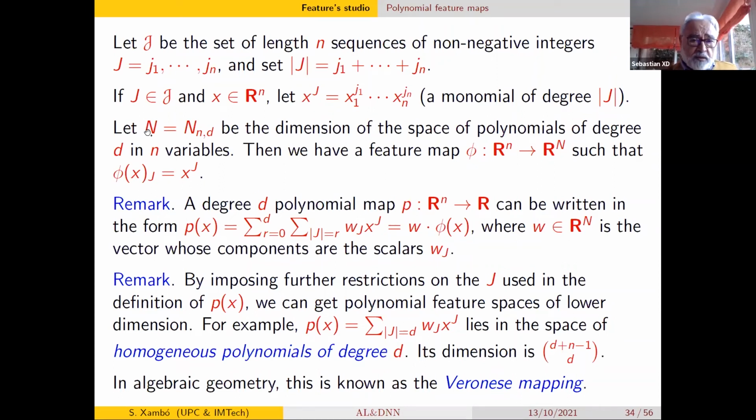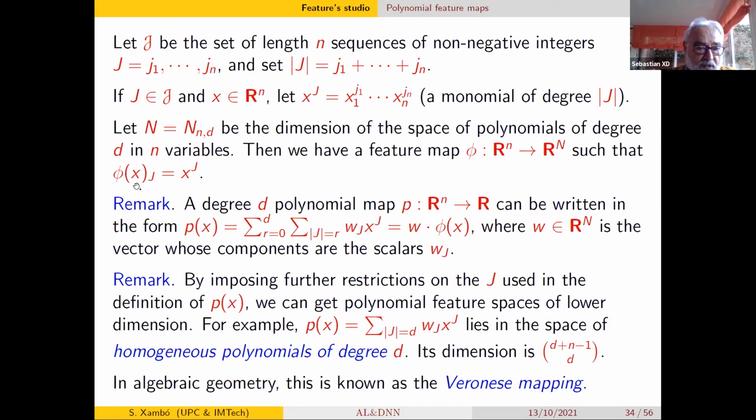Let capital N be the dimension of the space of polynomials of degree D in n variables. We are going to calculate it in a moment. Then we have a feature map from R little n to R capital N, such that the coordinates of phi of x in this space are labeled by the J's, by the sequences.